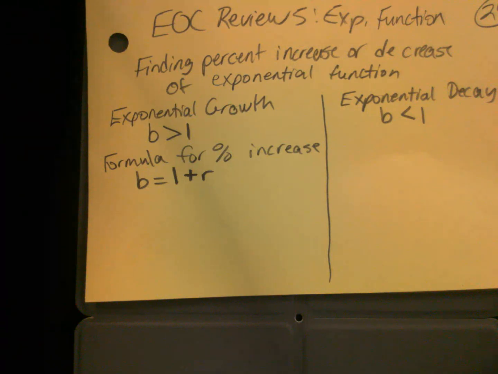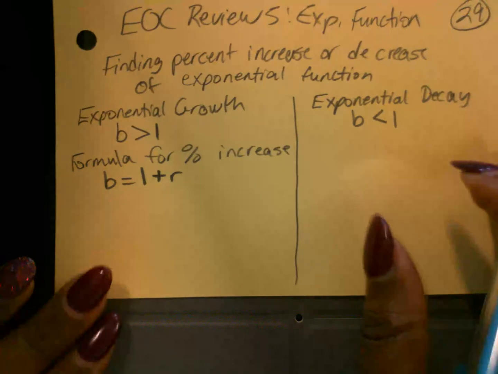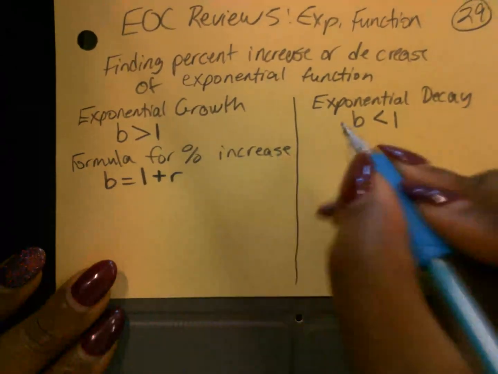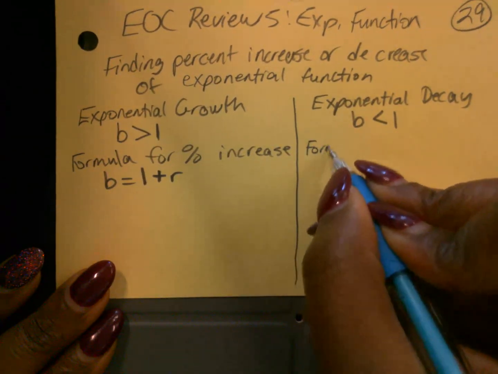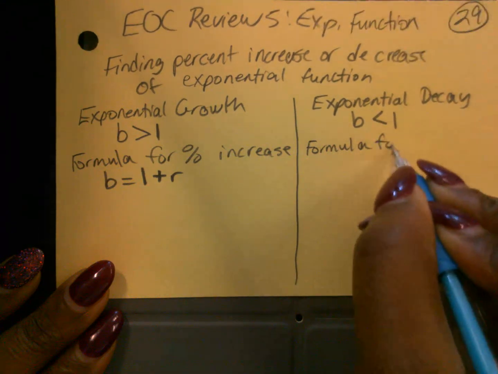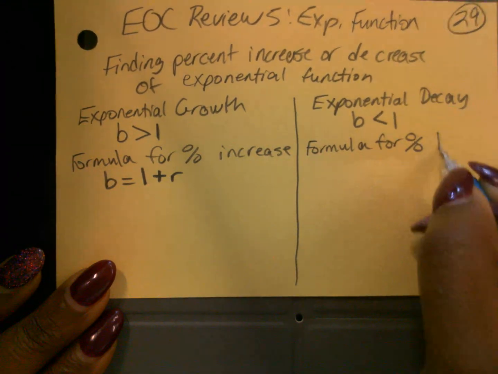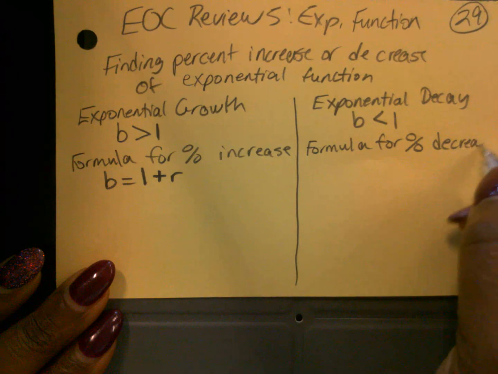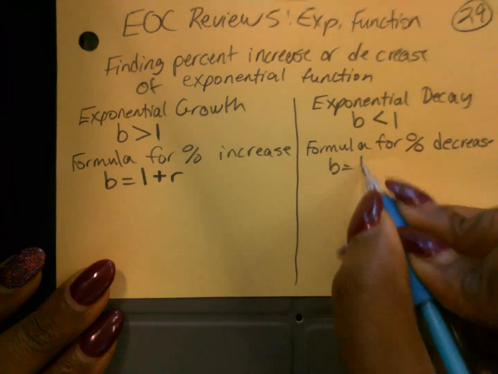Please, Lord have mercy, make sure that you don't just look at the equation to see if it's an increase and see what the percent is. You cannot just look at it. You need to substitute and solve. The formula for finding the percent decrease is what?